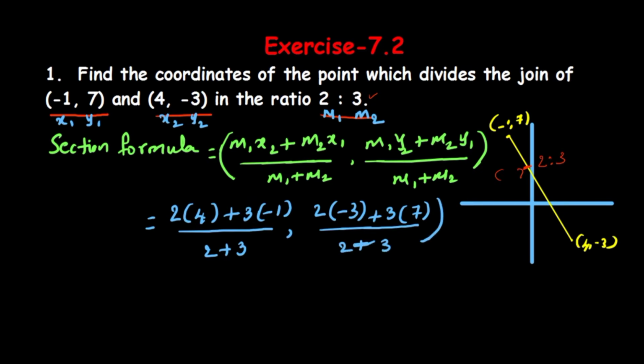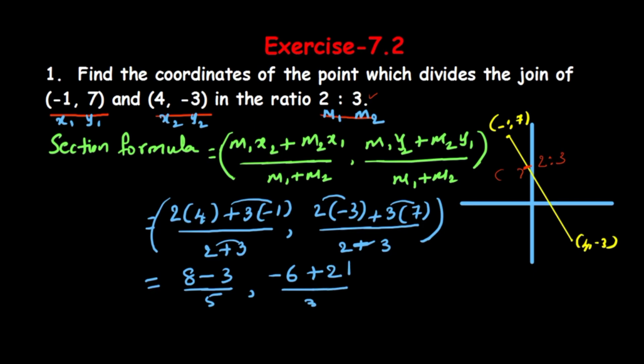Okay, so 2 4s are 8, and plus of minus is -3, divided by 2 plus 3 equal to 5. And here 2 3s are 6, but plus into minus is -6, plus 7 times 3, 7 3s are 21, divided by 5, since 2 plus 3 is again 5.